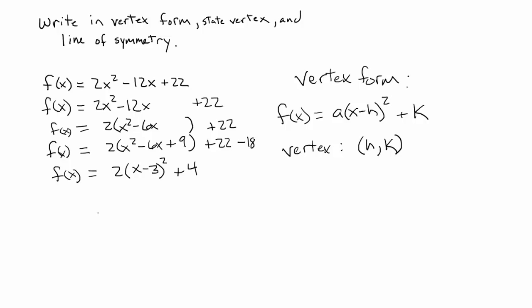And now we want to state the vertex. So here, our vertex is (3, 4). And I got that from, here is h in our formula, and it correlates to the 3, and then the k and the 4. And then the line of symmetry.